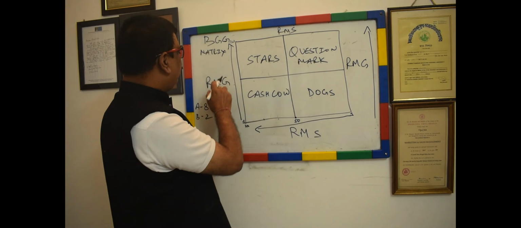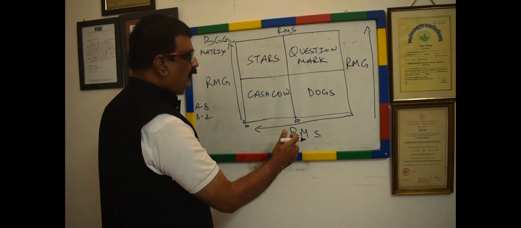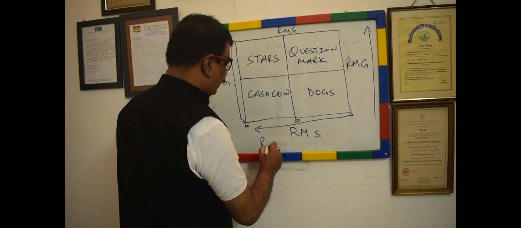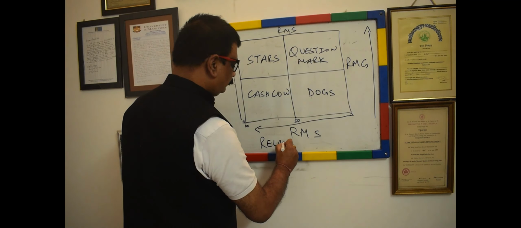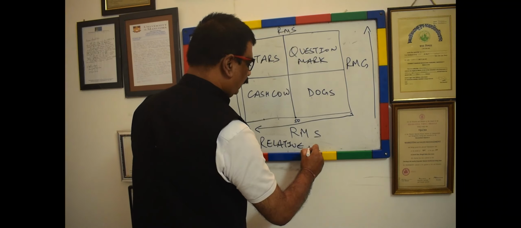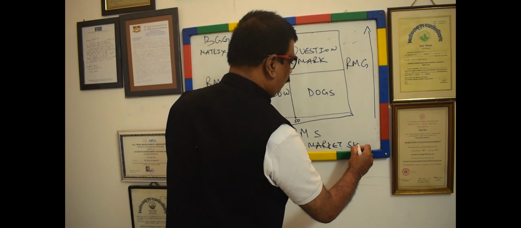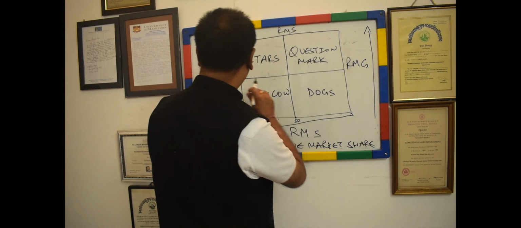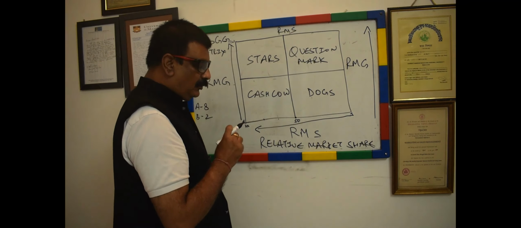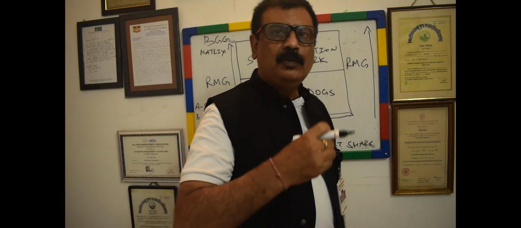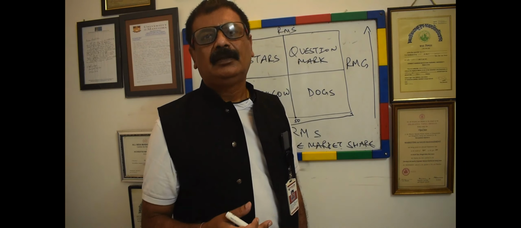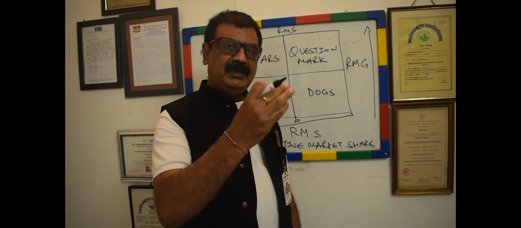And what is relative market growth? Now this is relative market share and this is relative market growth. Market growth means the market where you are, let's say in India, how much that segment is growing.